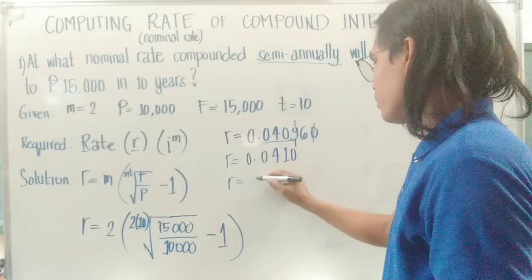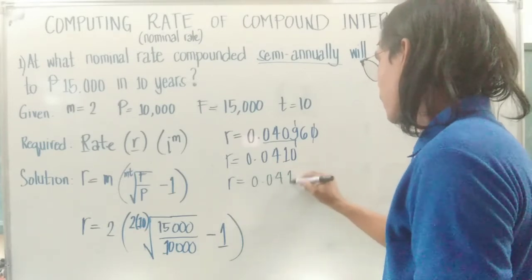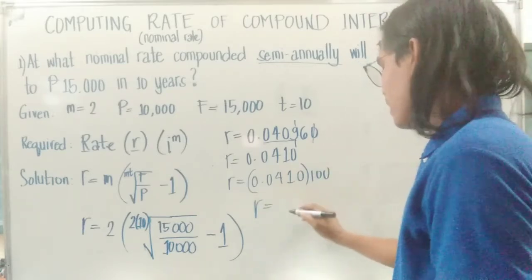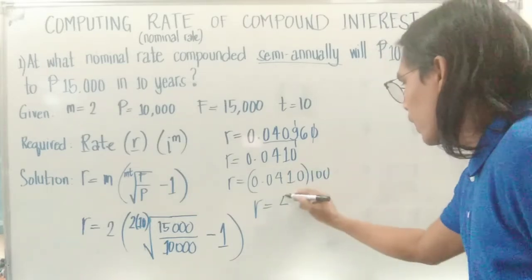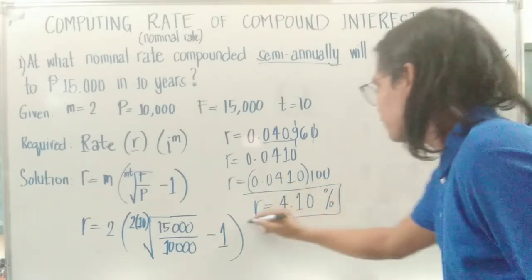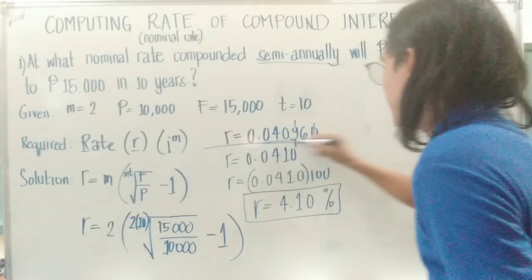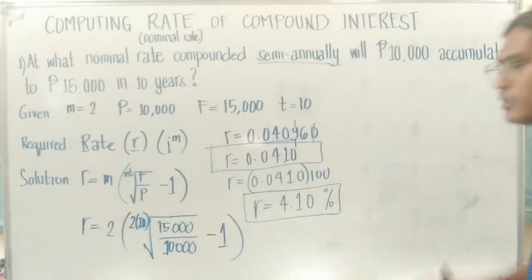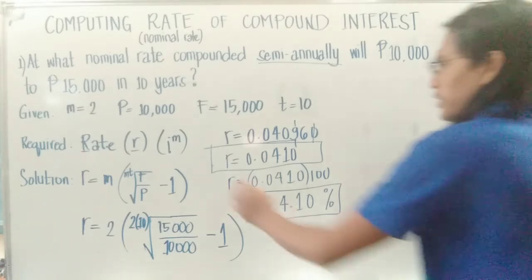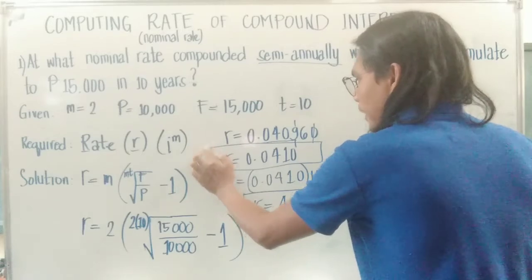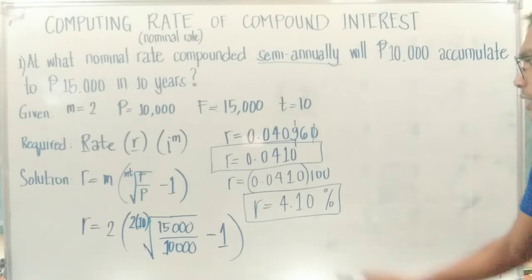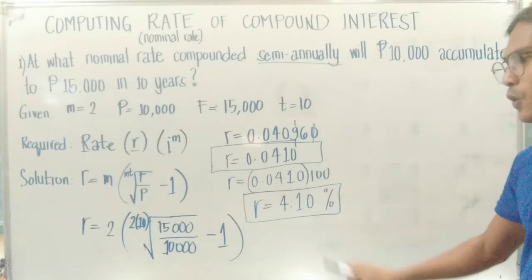So r is equal to 0.0410 times 100. You will get r equal to 4.10%. Okay? So either of the two is accepted in my case, but it depends on your required conclusion, whether you will put your answer in decimal or percentage form.